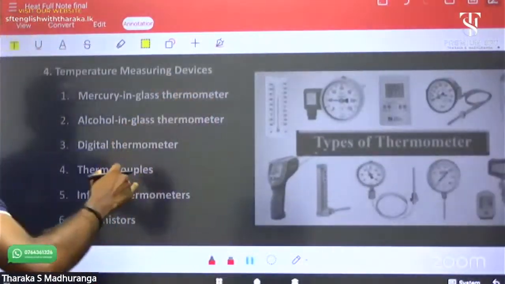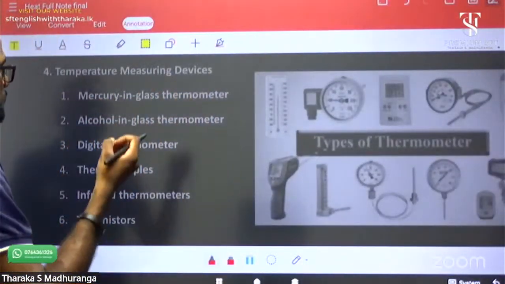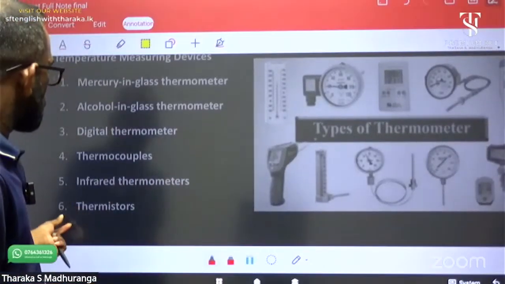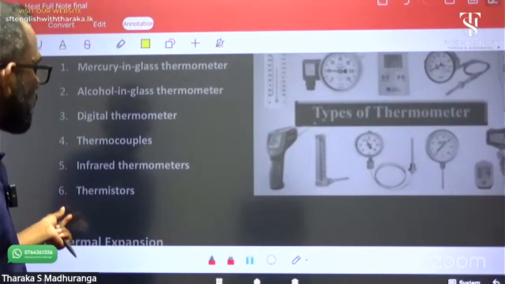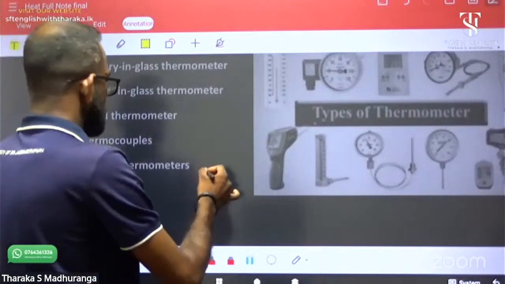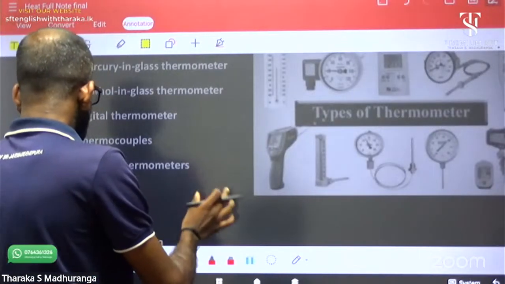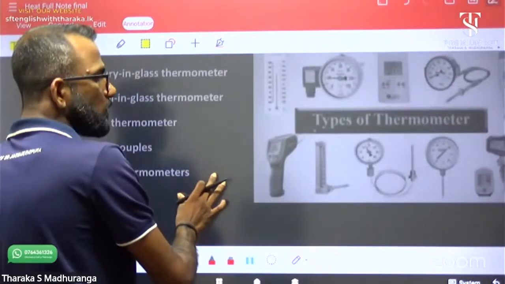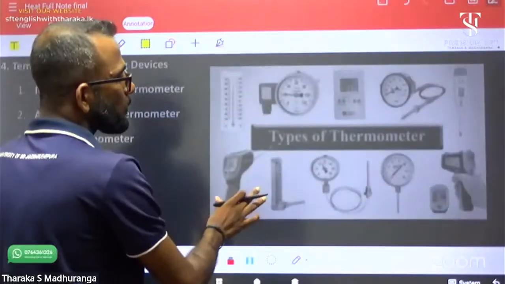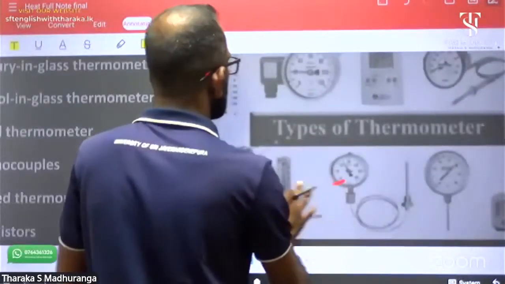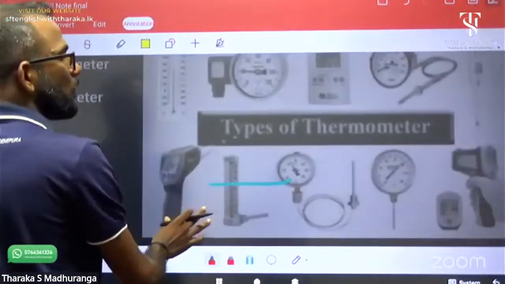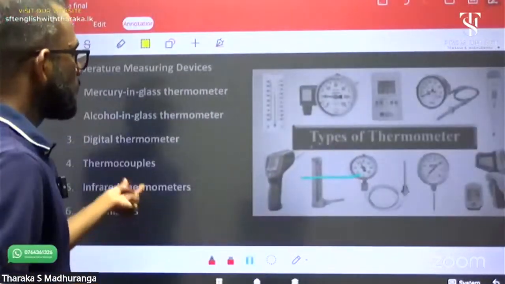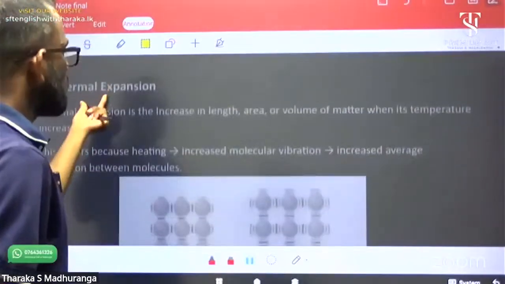Mercury glass thermometers, alcohol glass thermometers, digital thermometers, thermocouples, infrared thermometers. They are the different types of thermometers. They are not asked, so that's for additional knowledge.